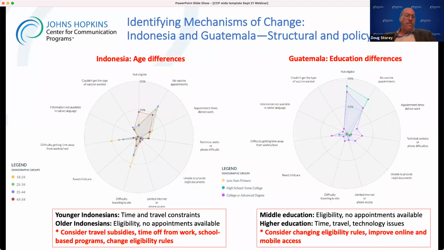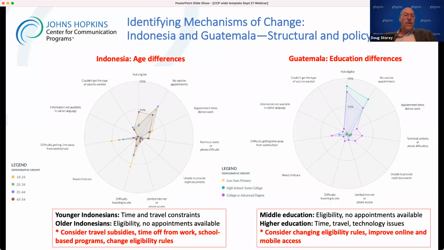Here's a spider graph. Toyin described how these can be read. Here I'm thinking about other mechanisms of change that may be related to structural and policy barriers as opposed to psychosocial factors like normative perceptions and perceptions of threat.